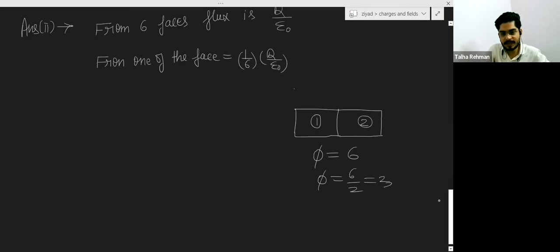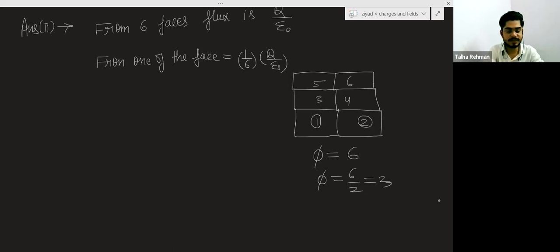Suppose, I am saying now you are having 6 faces, and from all these 6 faces you have a flux of q by epsilon naught. And if you want to find the flux through one face, so what you will do?